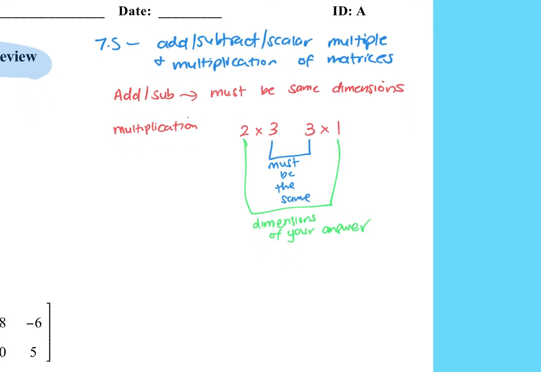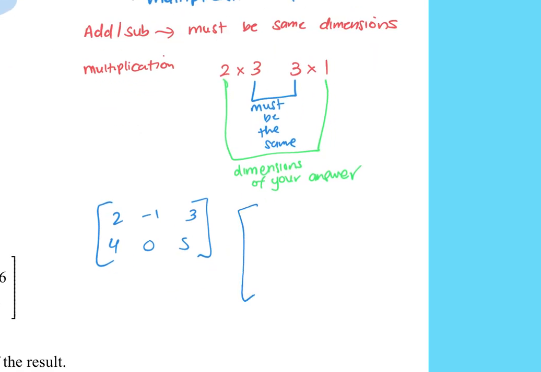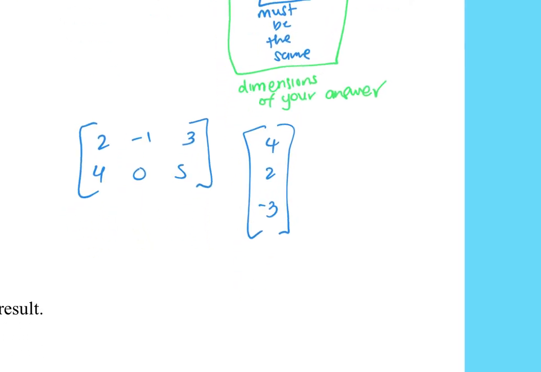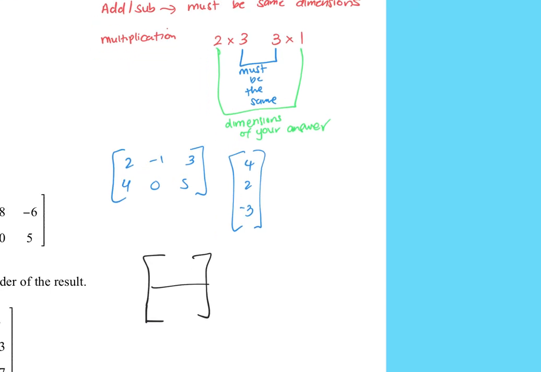So I'll give you an example there. If I had a 2, negative 1, 3, 4, 0, 5, a 2 by 3, and then a 3 by 1, it could look like this. So my solution is going to be a 2 by 1, 2 rows, 1 column.